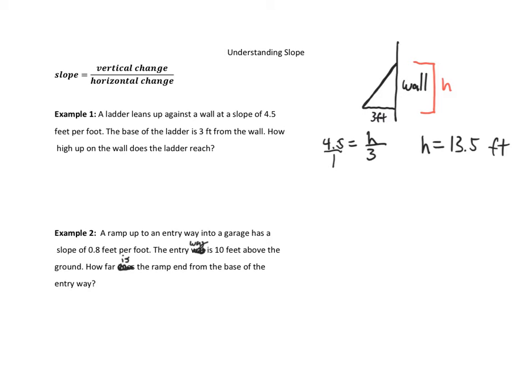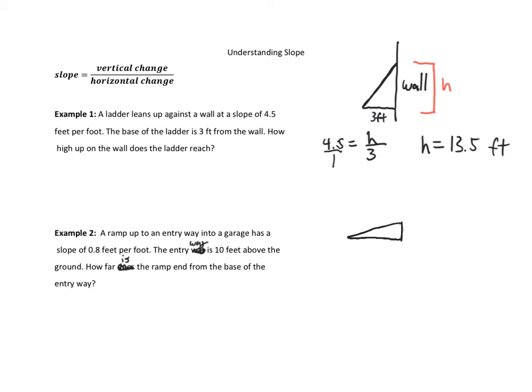Example 2. A ramp up to an entryway into a garage has a slope of 0.8 feet per foot. The entryway is 10 feet above the ground. How far is the ramp end from the base of the entryway? A similar idea here, but we don't have quite as steep of a slope.